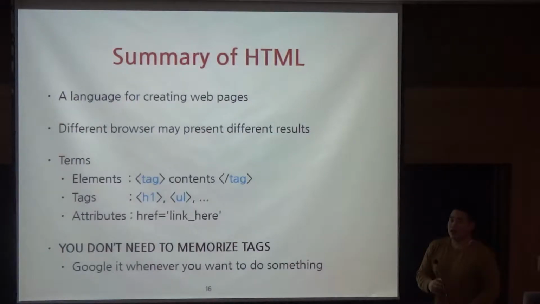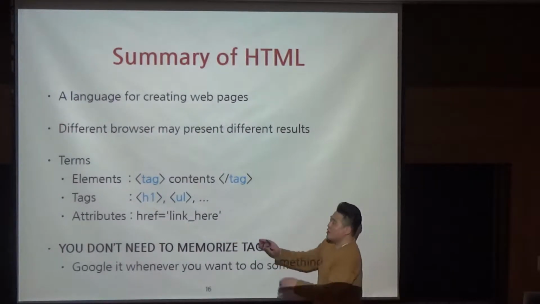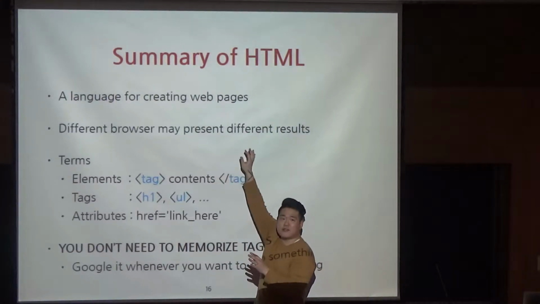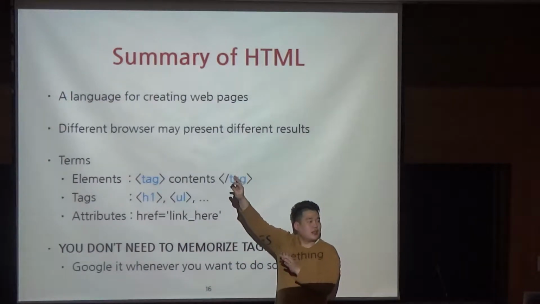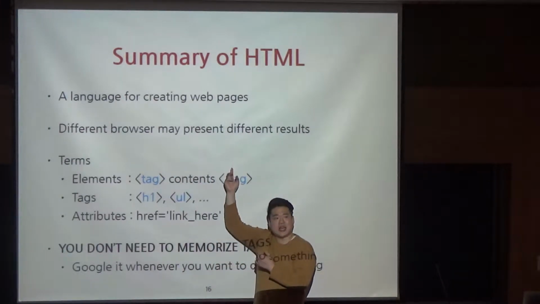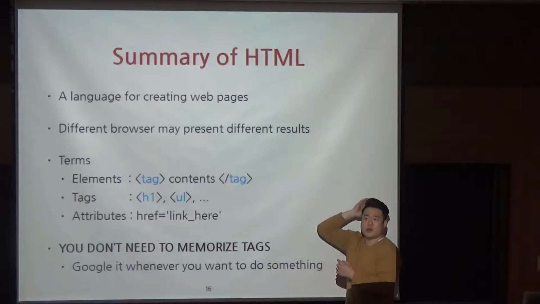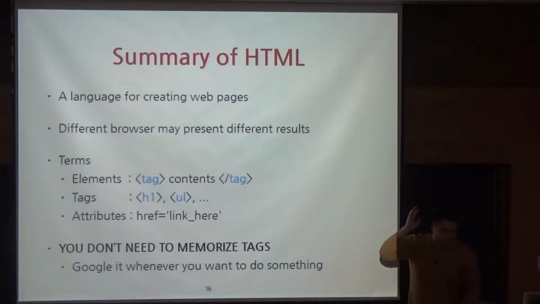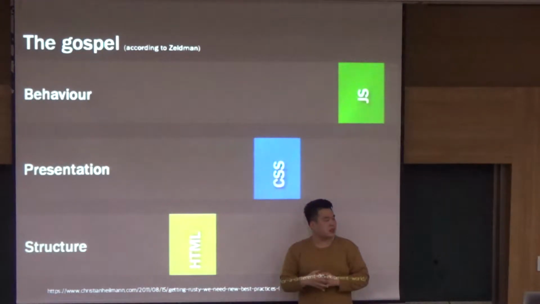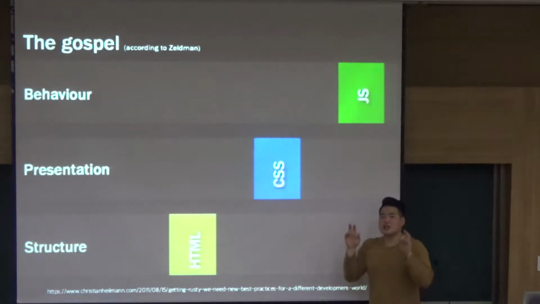So this is the HTML. Once I showed you CodePen.io, there were three different panes, right? On the left, we had HTML. In the middle, we had CSS. And on the right, we had JS. So these are the building blocks of our website, and we call it separation of concerns.